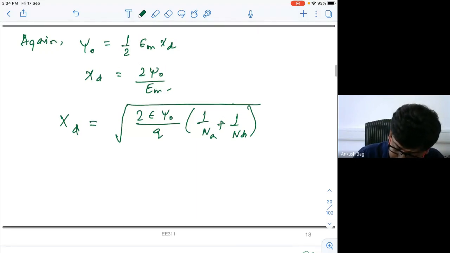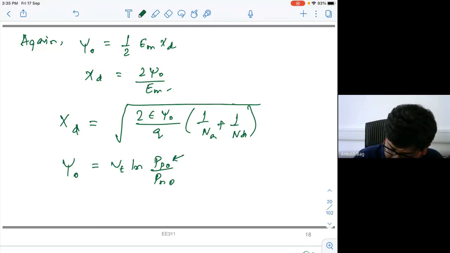So now we also know this psi naught, that is the Boltzmann relation, pp naught divided by pn naught. So this particular equation we can rewrite, if we consider that all the acceptor ions are ionized, so then pp naught is equal to Na, and this pn naught you can find out from the mass action law, that is Ni square divided by Nd.